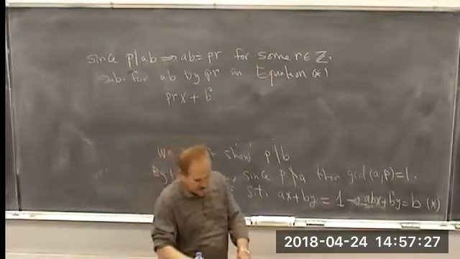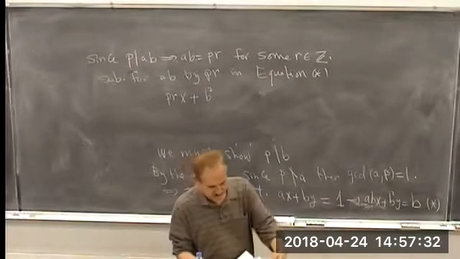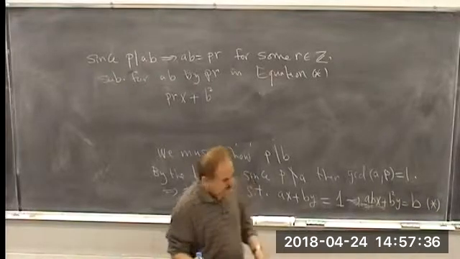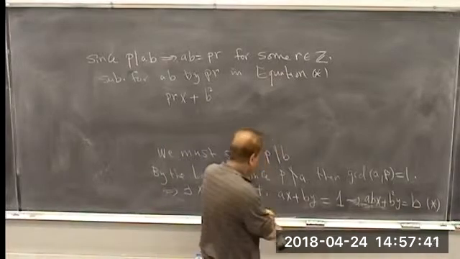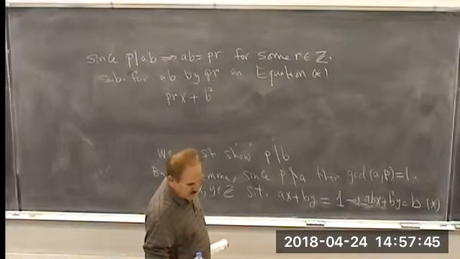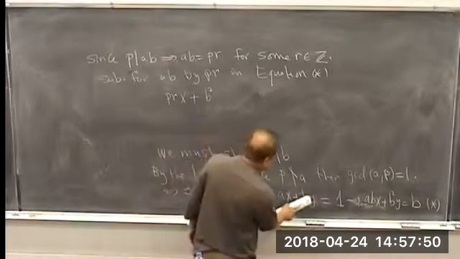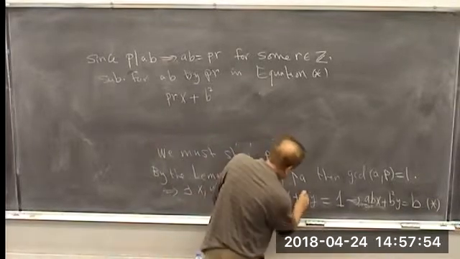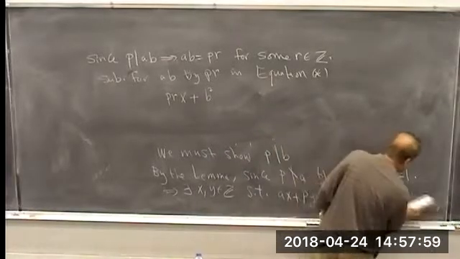Don't think I'm going the right way here. Let me see. Yeah, that's why I'm multiplying by B. Okay, I'm sorry. This one's supposed to be the prime. Something is not going right. Okay, sorry.